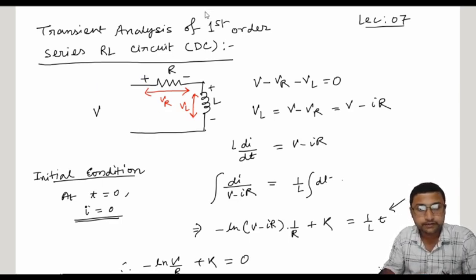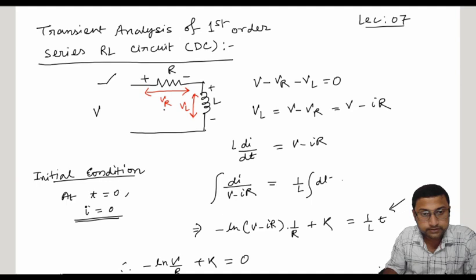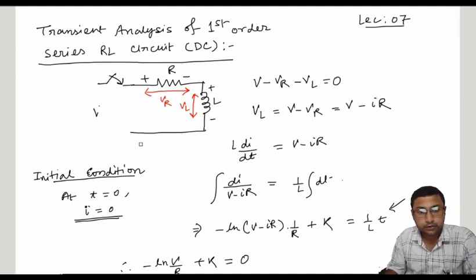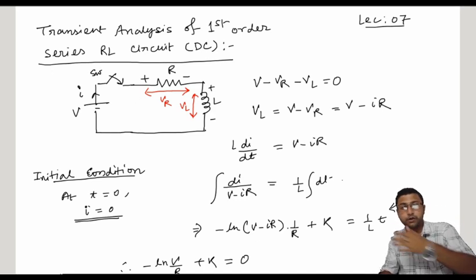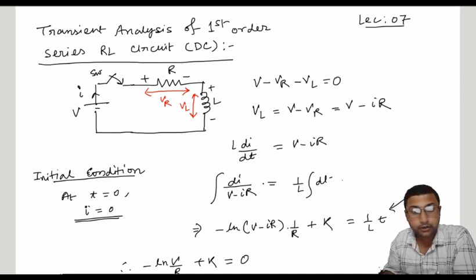There is a switch basically. So this is the V, this is the current I, and this is the switch. At t equal to 0, the switch is closed.